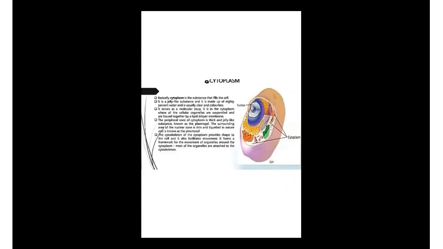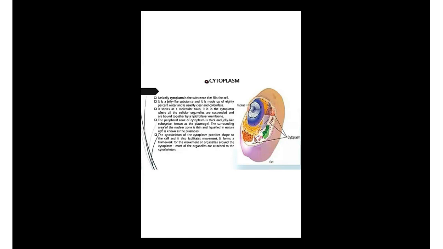Next is your cytoplasm. Basically, cytoplasm is the substance that fills the cell. Okay. After the plasma membrane, when you see the cross section of a cell, you will see a water body, a jelly-like substance.